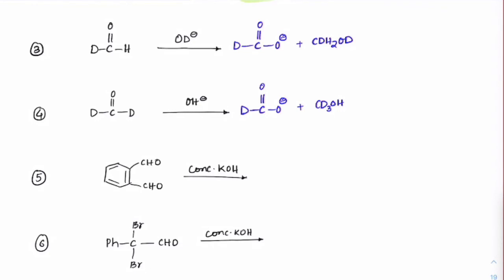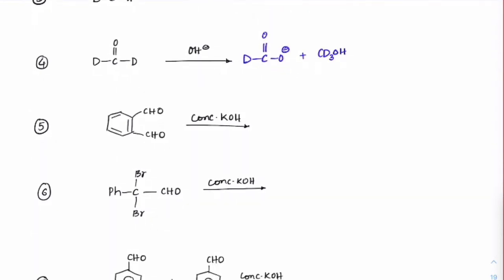All of you getting that? Next, here it is an intramolecular Cannizzaro. So you can see 1 mole would become COO minus, the other mole will become CH2OH. Okay, this is how it is formed.